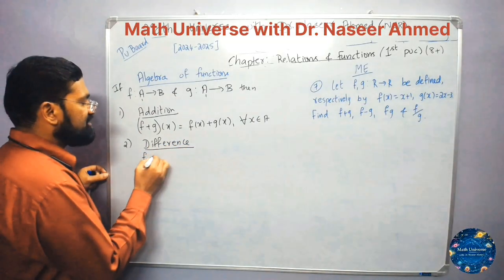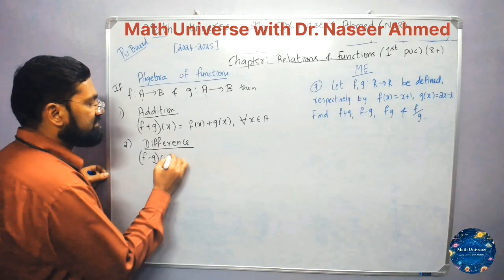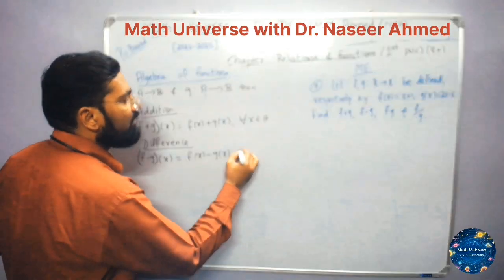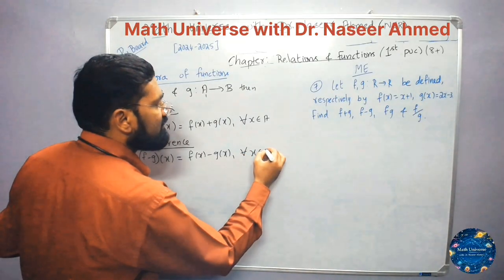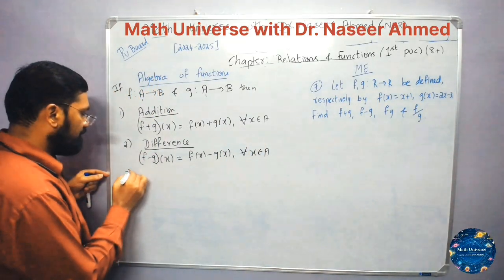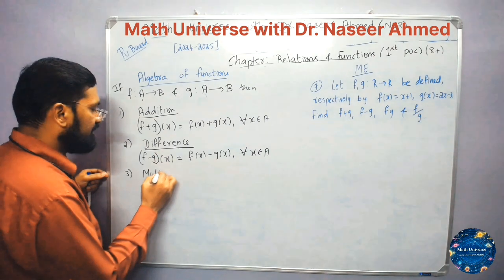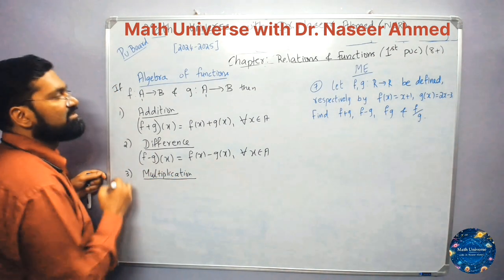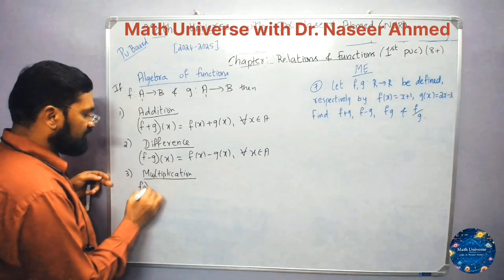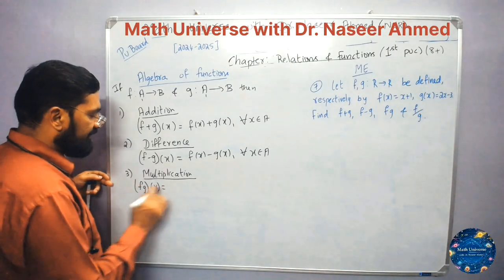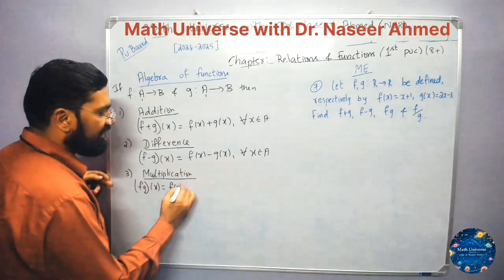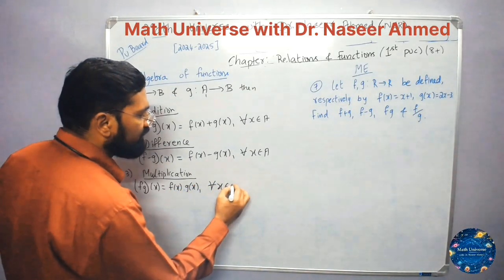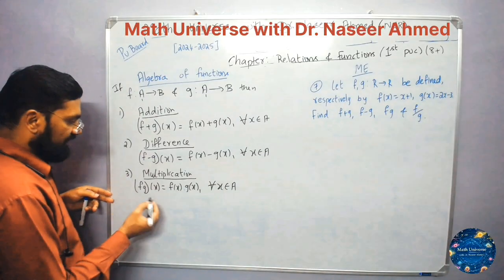So f minus g of x will be f of x minus g of x. Again, true for all x belonging to domain. Third, product or multiplication of 2 functions. So f into g of x. This will be taken for both, f of x into g of x. Again, for all x belonging to the domain of f and g.